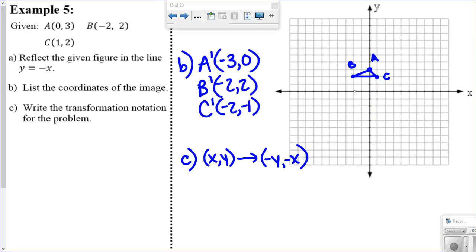Negative 3, 2, that's A prime, negative 2, 2, so that is B prime, and negative 2, negative 1 is C prime. Now again, notice it's the same size and shape, so I didn't mess up or anything like that, because those should be the same. Okay, so that's an example of a graphing one.